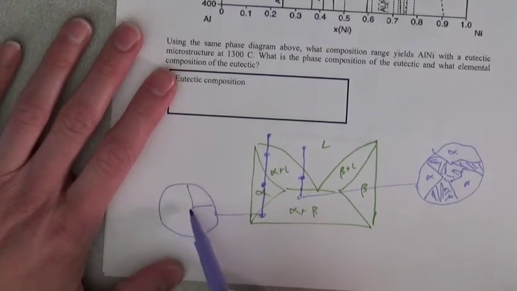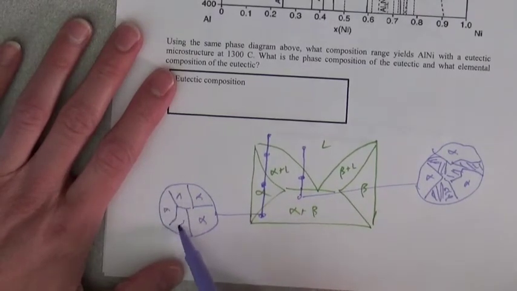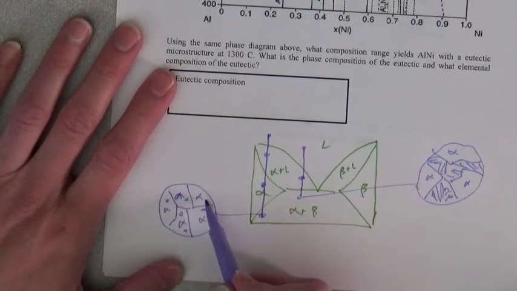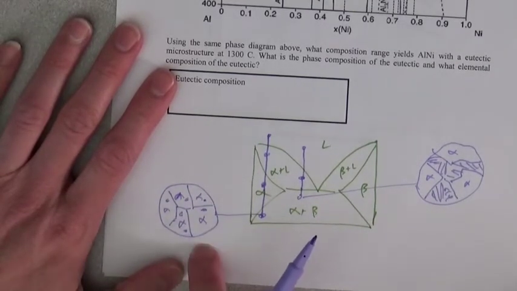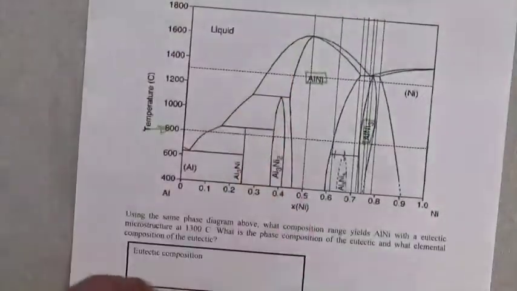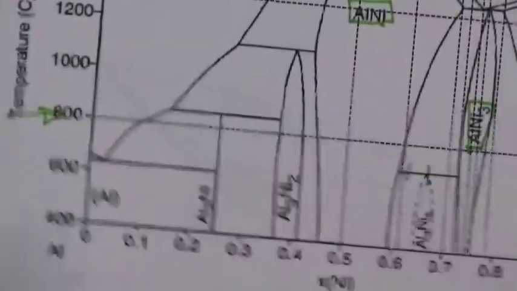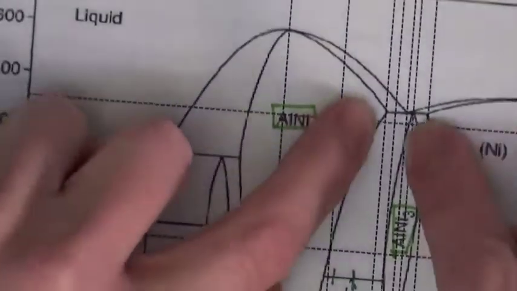So we have alpha, alpha, alpha, alpha, alpha, and precipitates of beta, which means that going up here, I'm going to zoom in, that's our two-phase region.